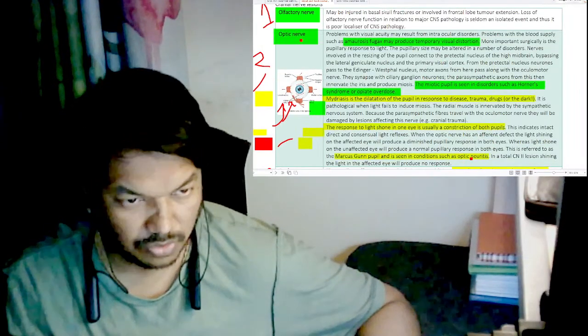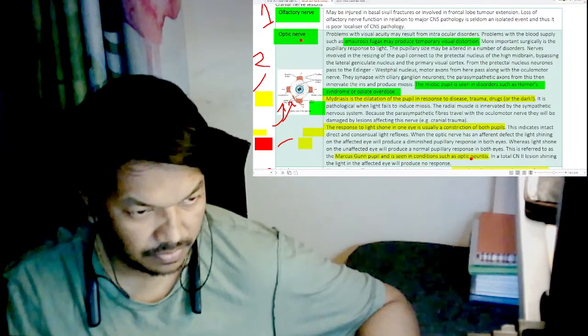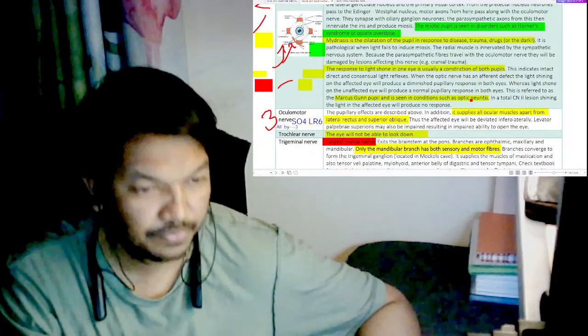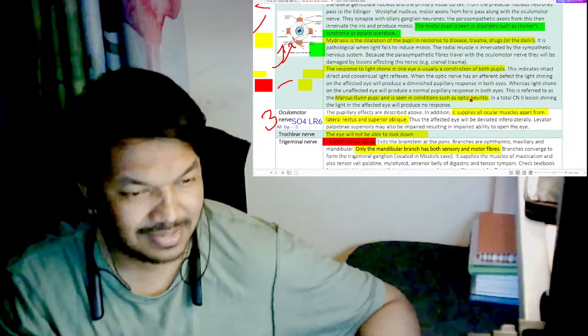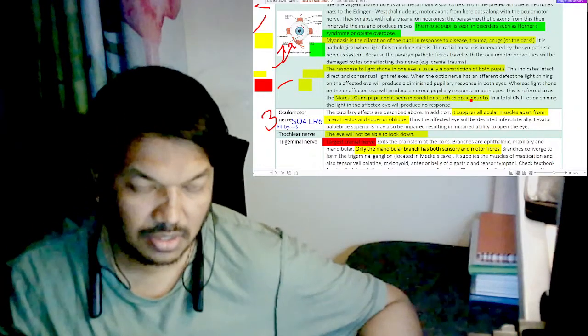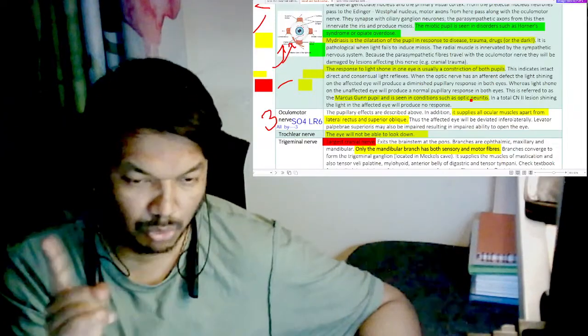Olfactory, no need. Optic, the highlighted part needs to be read. Oculomotor, to remember SO4 LR6. Oculomotor is the nerve which causes movement of the eyeball.